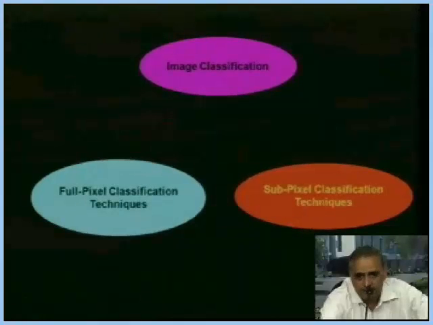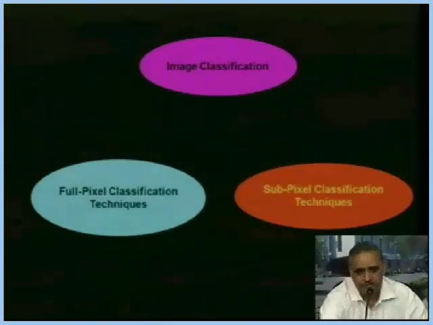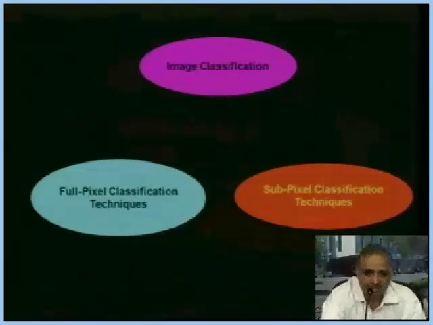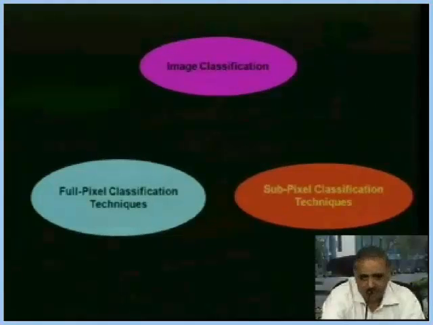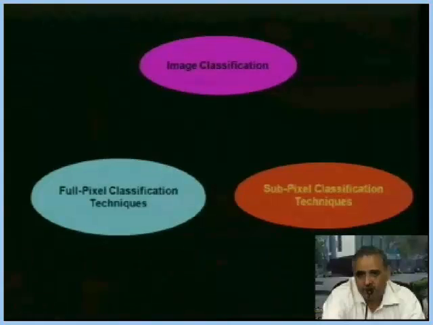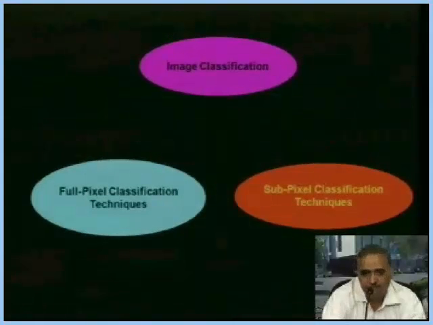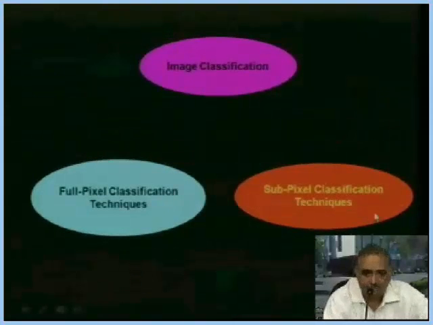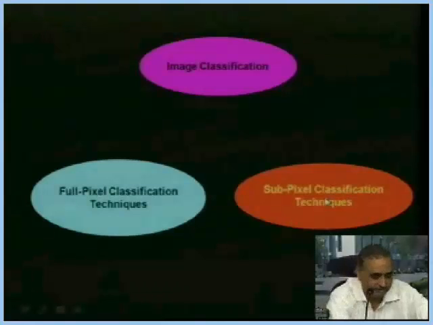When it comes to image classification, all of us are familiar with full pixel classification techniques. Many of us might have used MLC, and many might have used soft classification techniques. Then even with hyperspectral data, when we talk about material abundance mapping, we are basically looking at subpixel classification techniques.